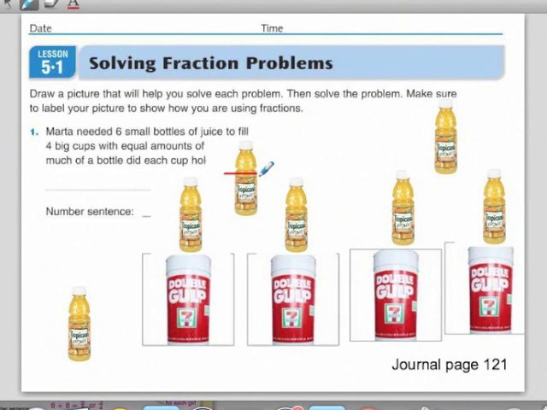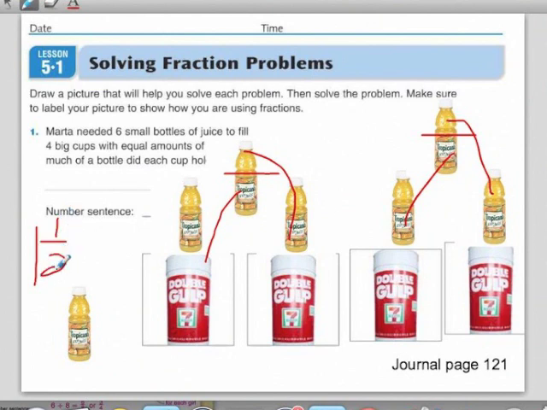Okay, this half here, this half here. So each one of them is actually going to get 1 1/2 bottles of juice. Okay, so I would just write a big 1 for the 1 whole, and then a half for my fraction.